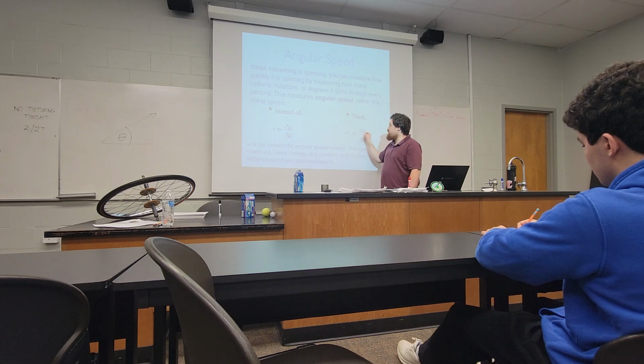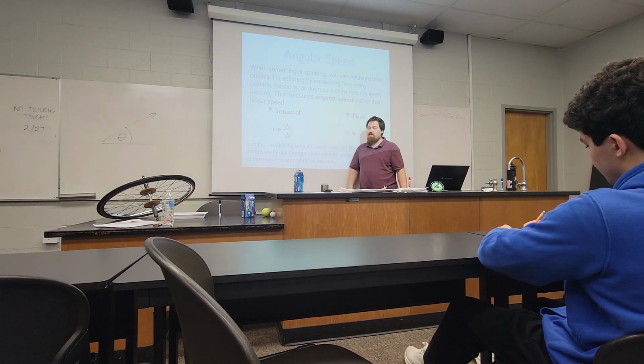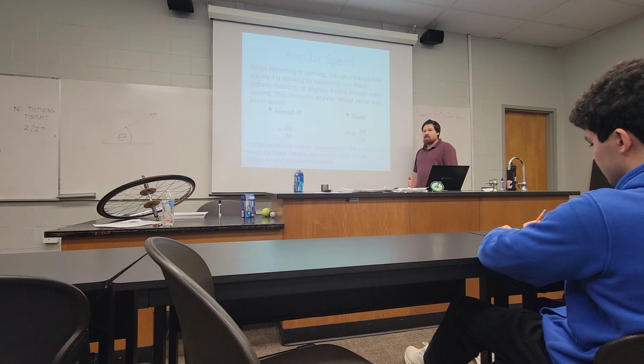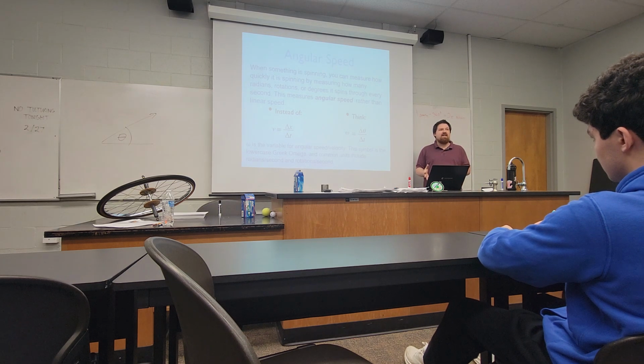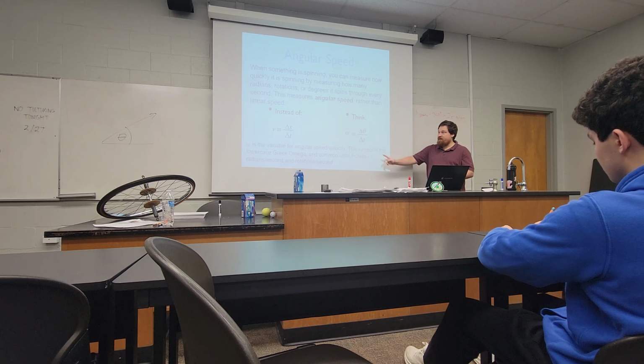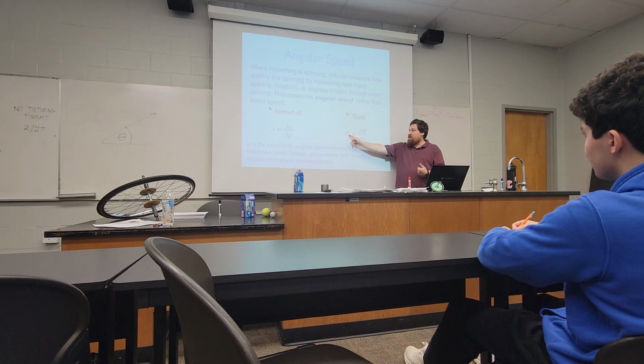So again, it's how much you've spun per second instead of meters traveled per second. And since angular speed is also technically a different variable than linear speed and linear velocity, it has its own symbol too. That being this. Does anyone know what letter that is? It certainly looks like a W. It's technically lowercase omega.